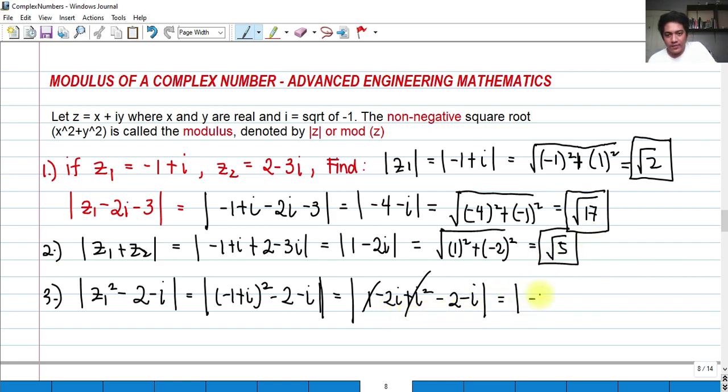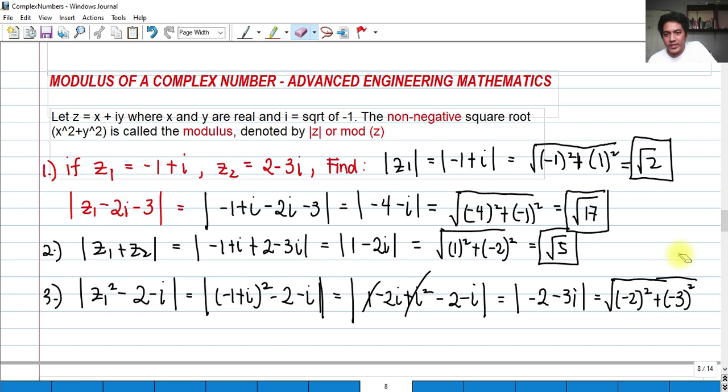That's negative 2 minus 3i. So if we get the modulus of that, that should be the square root of negative 2 squared plus negative 3 squared. Let me just arrange my square root sign.